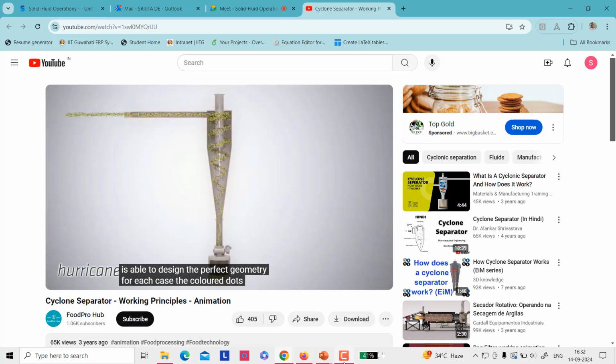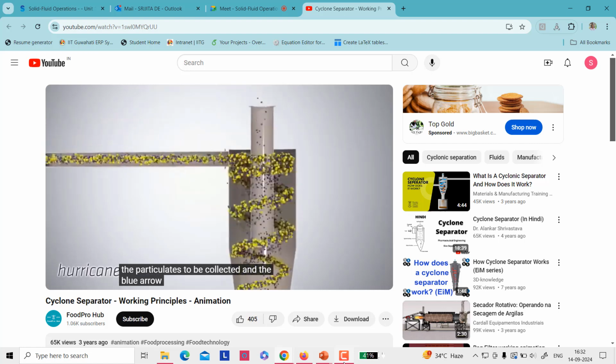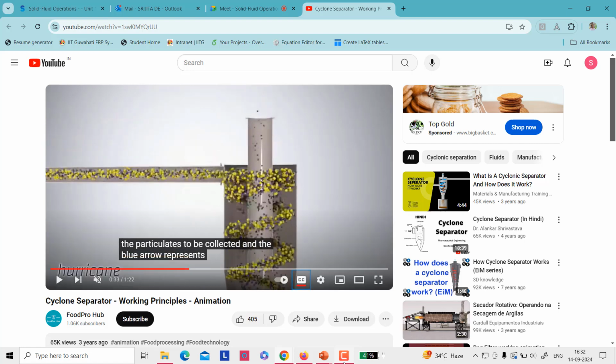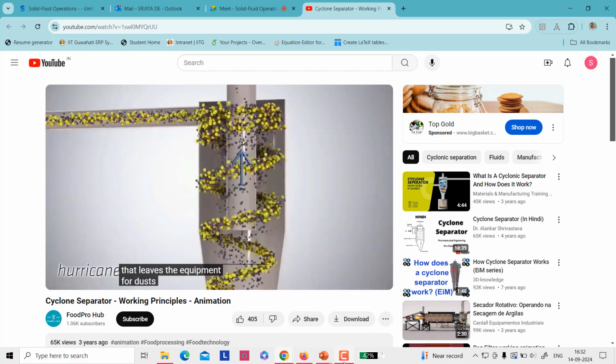So you can see how particles are coming and rotating in this rotor, and fine particles go out from the top and the heavy particles are separated from the bottom. So this is how.